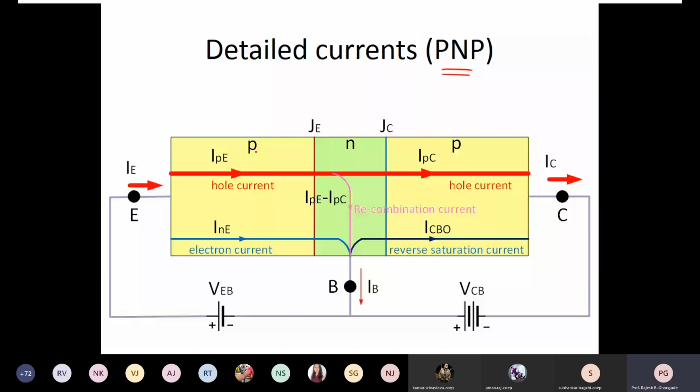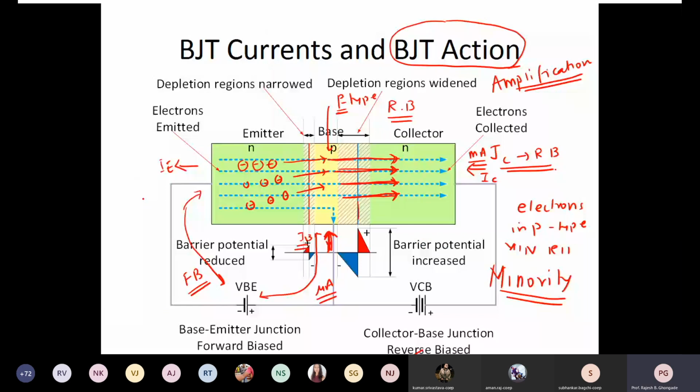So now, what about PNP? One thing which I forgot, this particular mode. What was this mode? Base emitter junction is forward biased and collector base junction is reverse biased. What was the mode? Active mode. It is the active mode, correct.